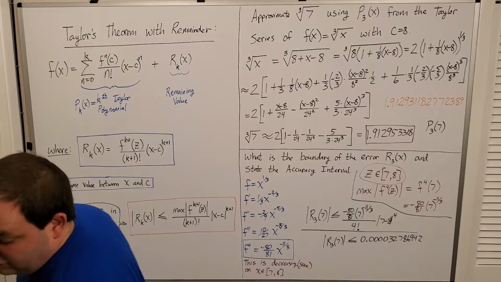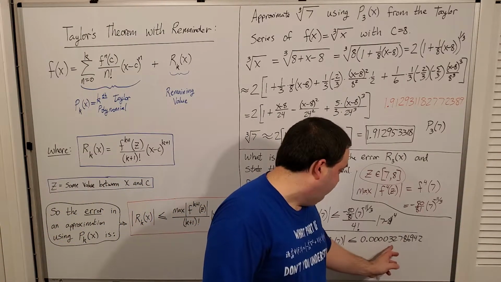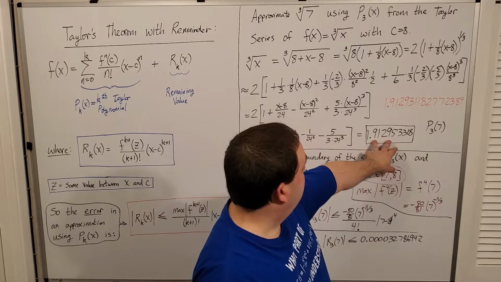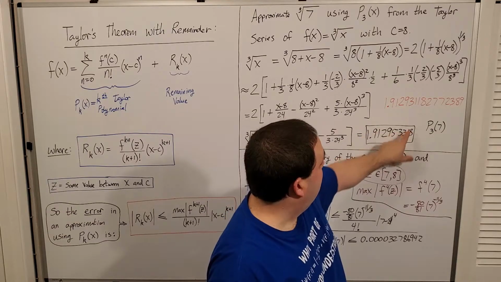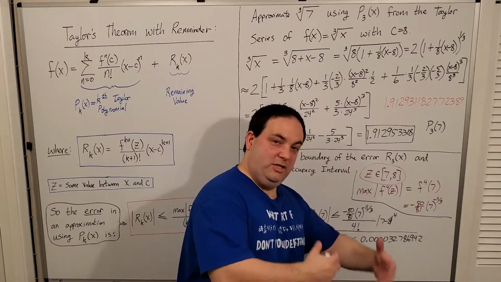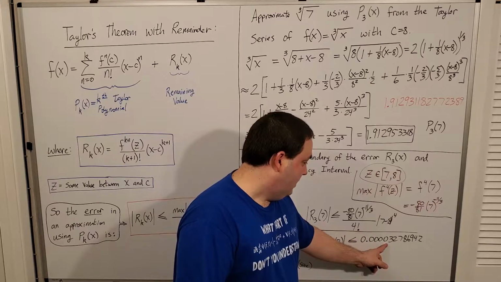It's very important that you notice the 4 zeros in between the decimal and the first major digit. Notice up here our approximation had exactly 4 digits in common, and then it started being a little bit off. So right here, this error is exactly showing that. I am within this much accuracy, okay?